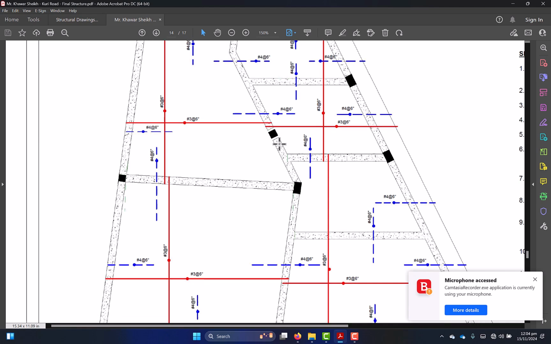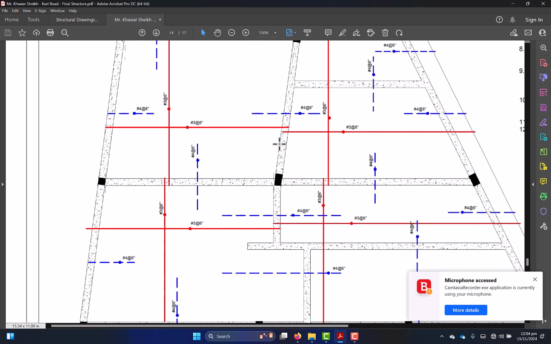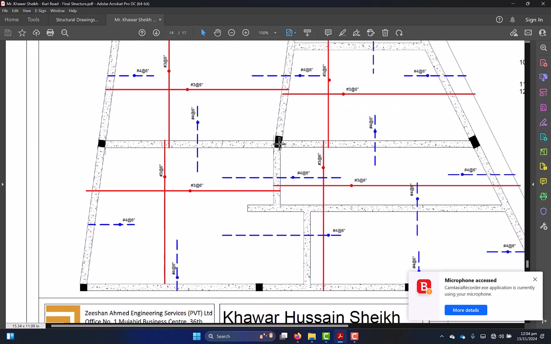ठीक है? But now can you see the drawing? My achievement is when you get to know and you can read a drawing with your contractor. Why is this bar, blue dotted, longer than this bar? This bar, ये नजर आ रही है?